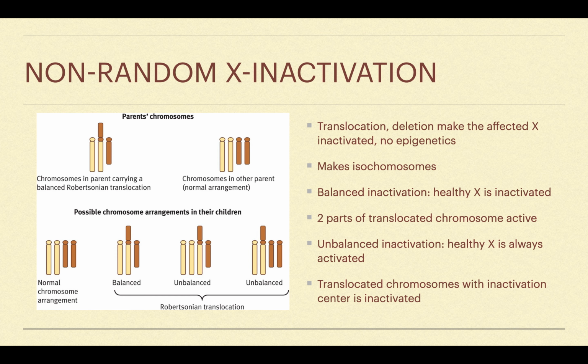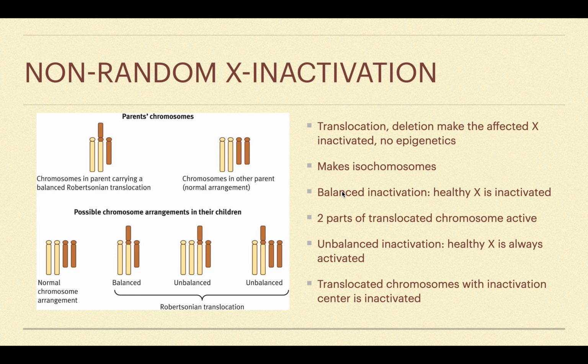But the problem is when there's going to be a non-random X inactivation. So during a translocation, the deletion makes the affected X inactivated, and it's not caused by any epigenetics. These will make the isochromosomes, and there's several different kinds of inactivation.